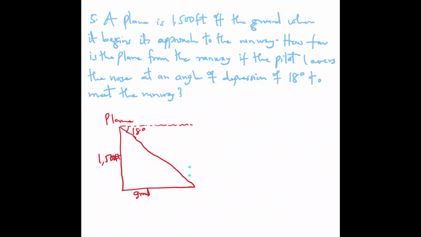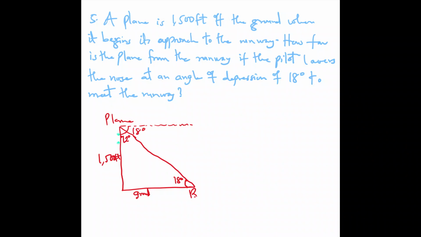This side is a 90-degree angle, and 90 minus 18 will give us 72, so this will be 72 degrees. We know that this is an alternate angle, so this angle will be equal to this angle. Two alternate angles like that form the shape of a Z, and they are equal to each other. So this is 18 degrees, and this is the runway.